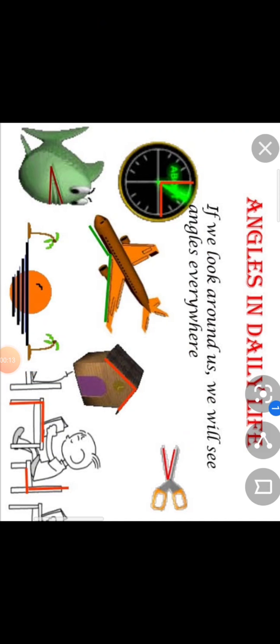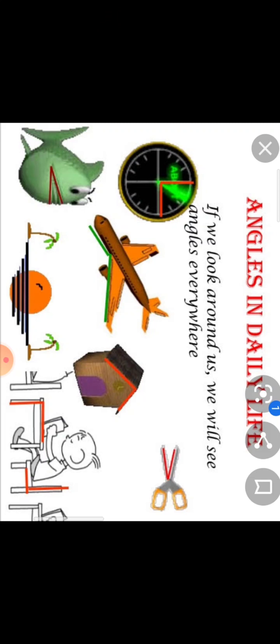Now, angles in daily life. If you look around us, we will see angles everywhere, like this navigation, sides of aeroplane or angle made by aeroplane, angle made by fish mouth, angle made by hut, angle made by scissors, sunset, table, chair.